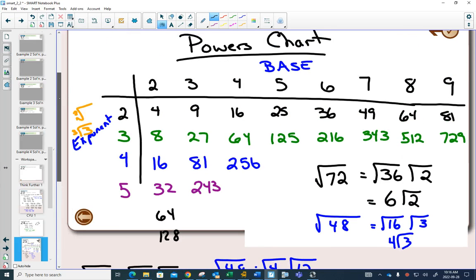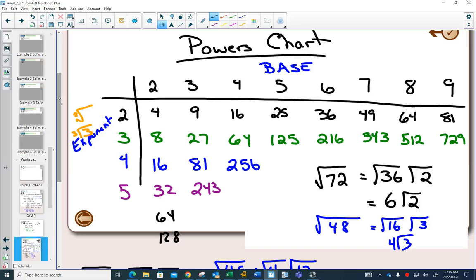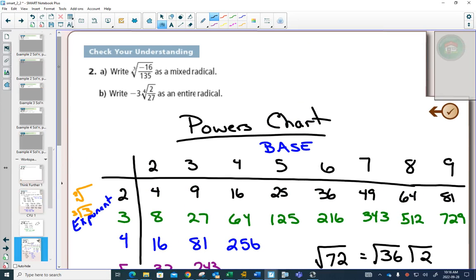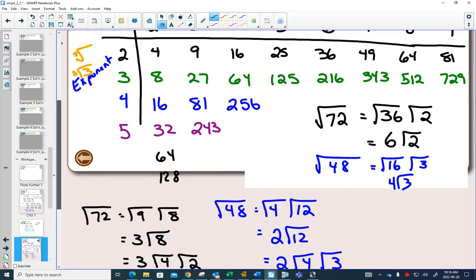Now in example 2, it's looking at cube roots with a fraction. And it says write it as a mixed radical. So for part A, I'm going to rewrite it here. I'm going to erase the work that we did.